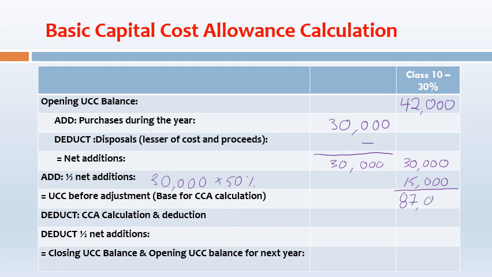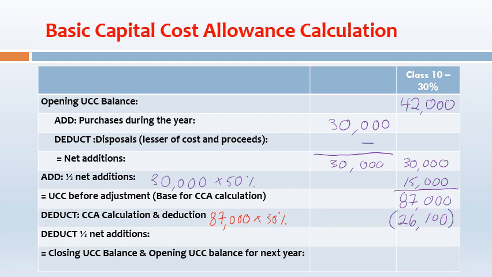Professional accountant here, everyone. Okay, so there's 87 grand. Let's calculate CCA on this puppy. 87 grand times 30%. What's my CCA deduction going to be? It's 26,100. Great. So that's a deduction.